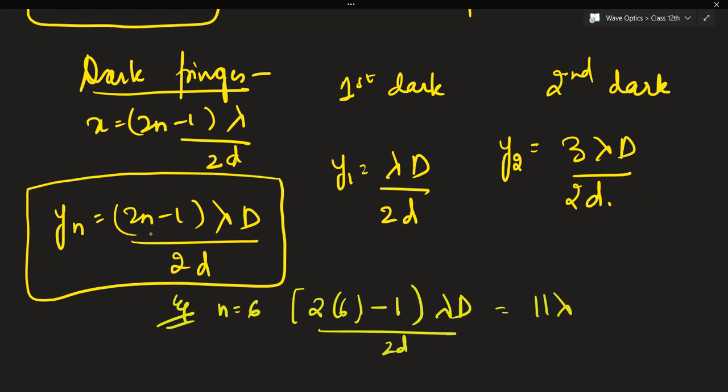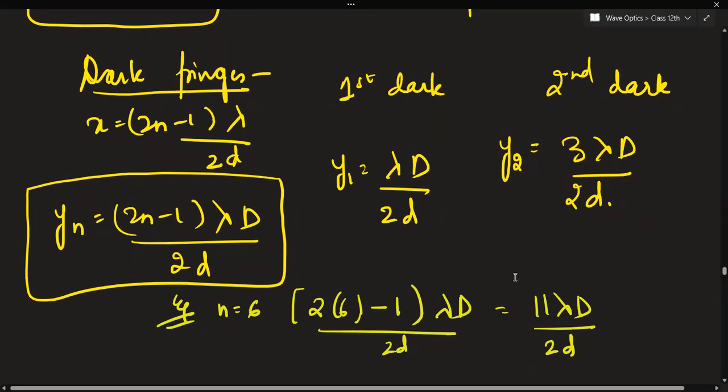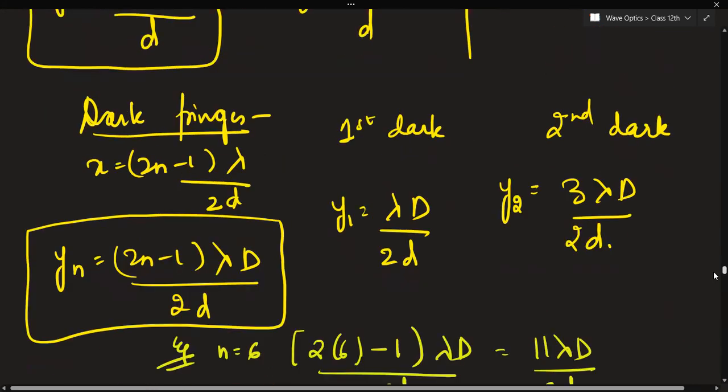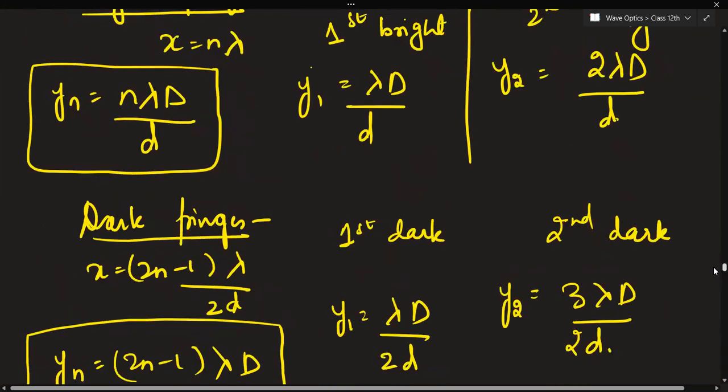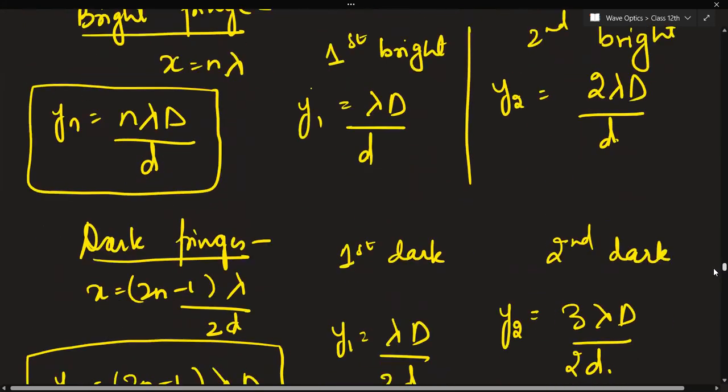So this is 11 lambda capital D by 2 small d. Like this, whatever value you have, put it as it is. This formula is separate for dark fringes; for bright fringes, you have a different formula. All right. Just do one thing, note this part down, then we'll see the width of the fringe, bright fringe and dark fringe.